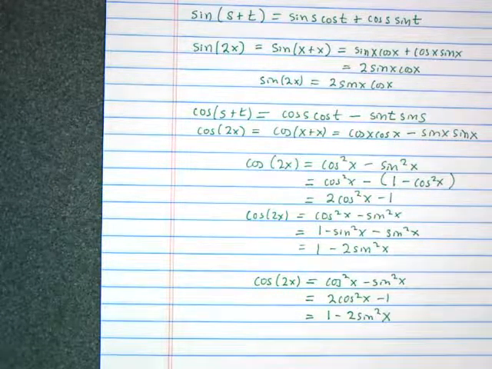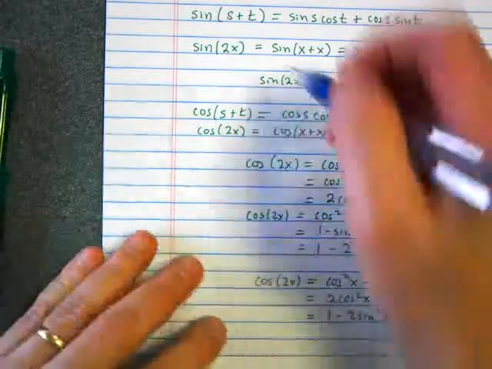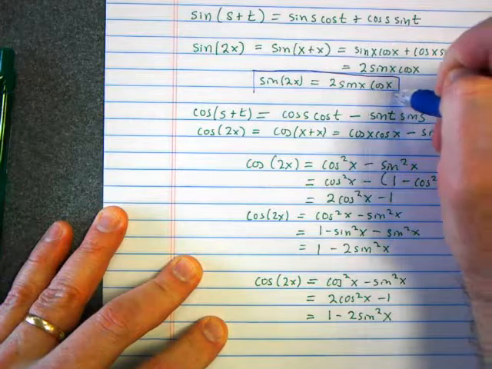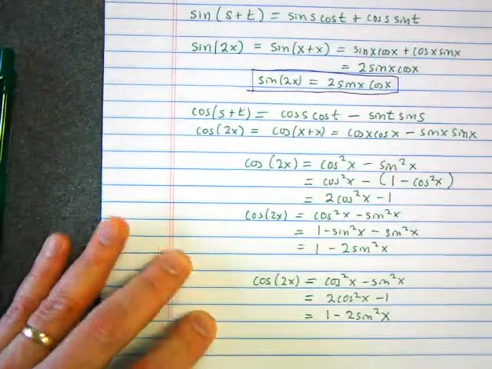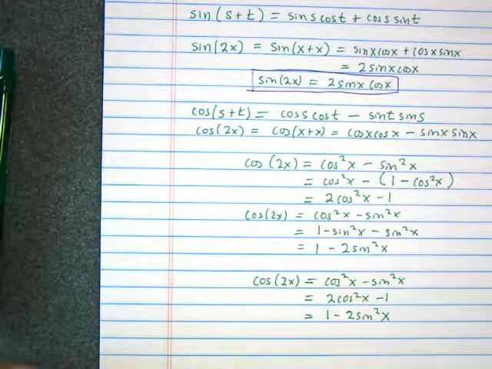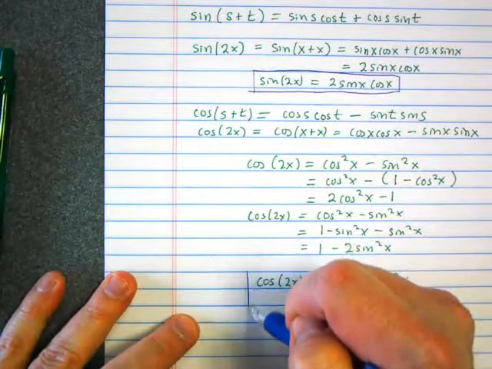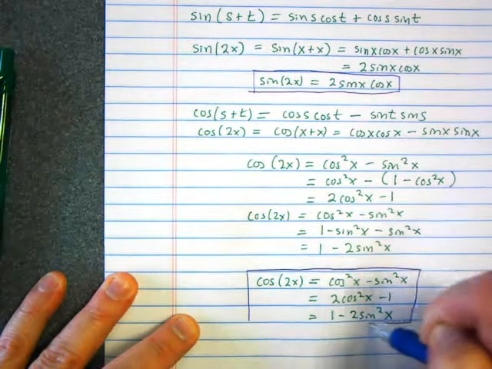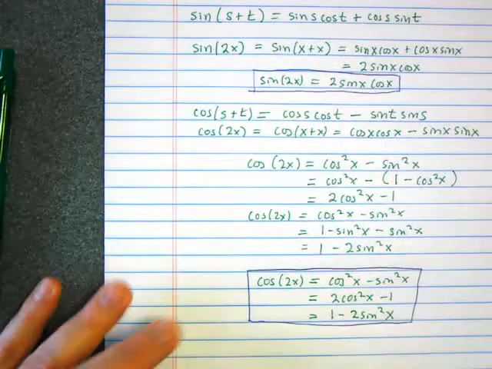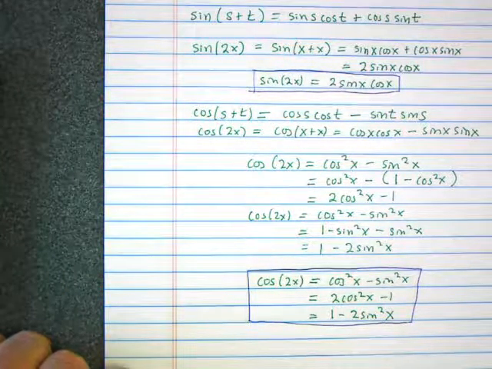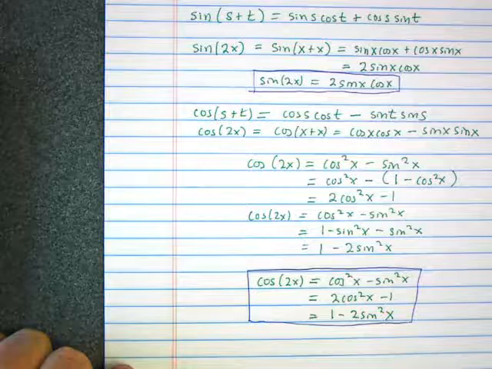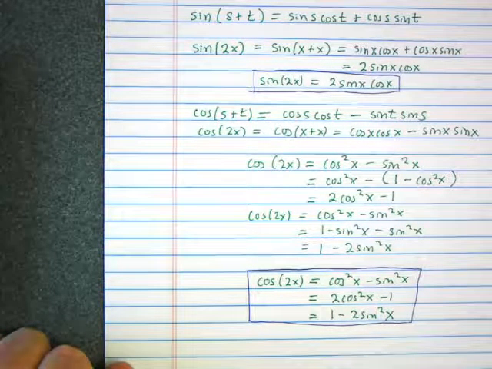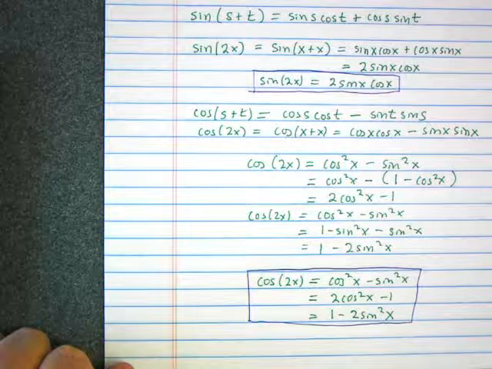So for sine, we have one double angle formula. The sine of 2x is 2 sine x cosine x. For cosine 2x, however, we get 3 different formulas. And we will see in a few minutes, looking at some examples, that sometimes we want one and sometimes we want the other. And sometimes we want the third. We got 3 options to choose from.